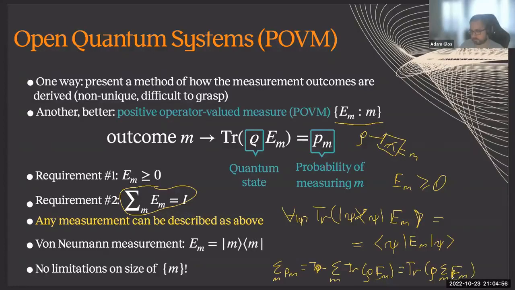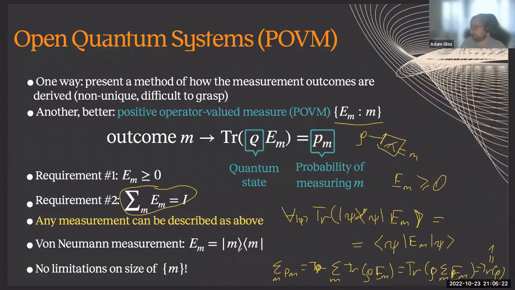Since the sum of the E_M is identity, this is trace of rho, and trace of the mixed state is 1. This is something which I mentioned previously. Of course, this is not a formal proof, but just a brief explanation why it makes sense to have this kind of condition.